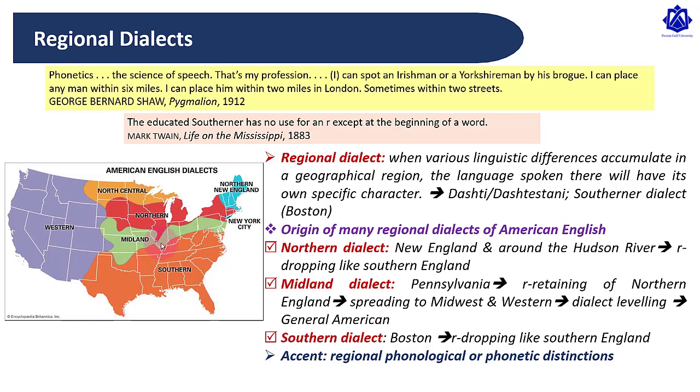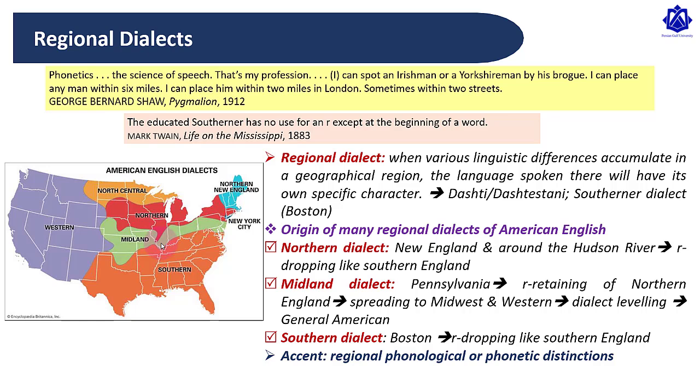As for the Southern dialect, again, it's R dropping, like what we have in Northern dialect, and it's similar to what the settlers from Southern England have done.